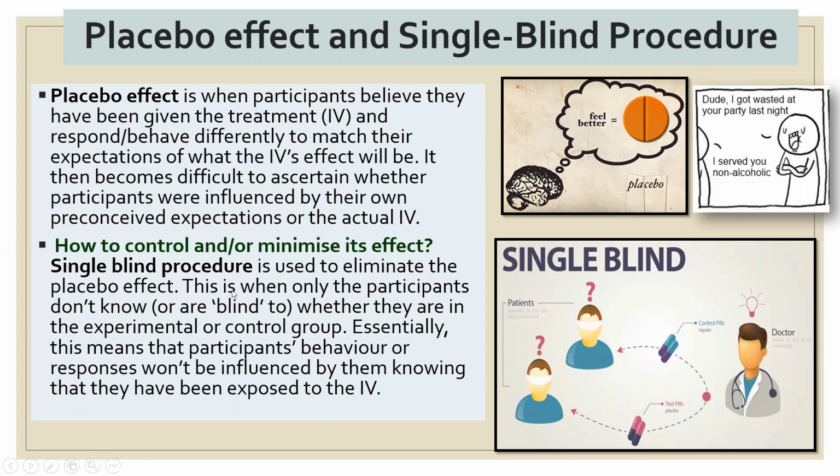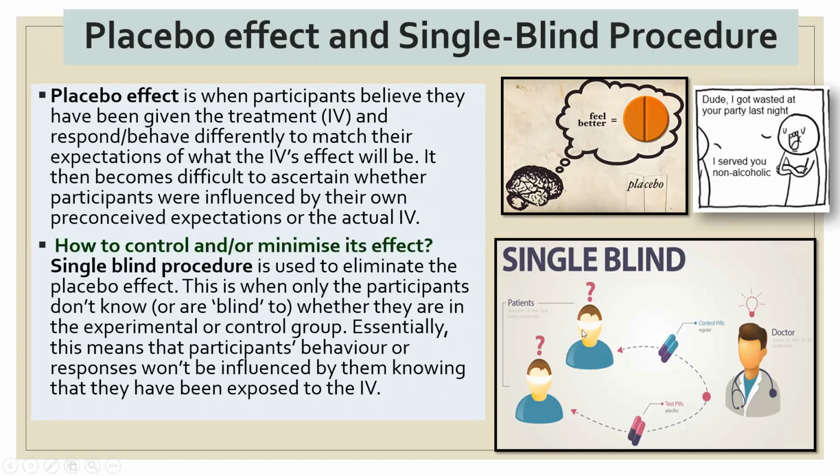Now, the single-blind procedure is used to eliminate the placebo effect. This is when the participants don't know which group they have been allocated to. They don't know whether they're in the experimental group or the control group. For that reason, they also don't know whether they are receiving the actual Panadol tablet, the actual experimental treatment, or simply the placebo, the fake treatment that looks like a Panadol tablet but doesn't have any paracetamol in it.